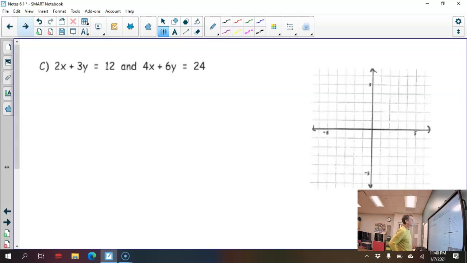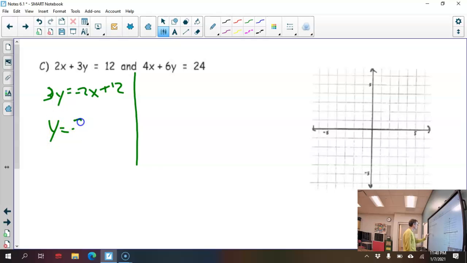Both of these need to be put into slope-intercept form. Well, I'm going to do this one faster because I'm confident you have that skill. So this one, first I would subtract 2x from both sides, giving me that. Then I would divide both sides by 3, and I would get that.